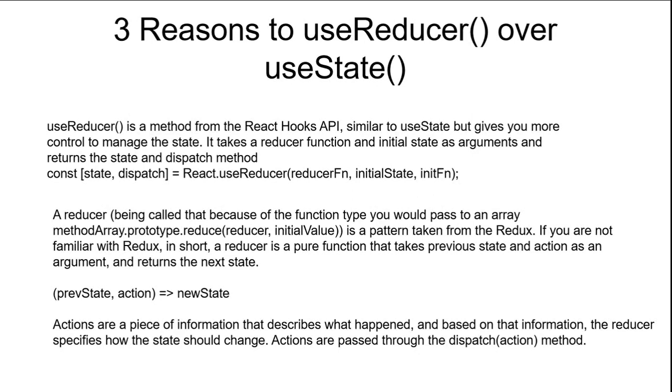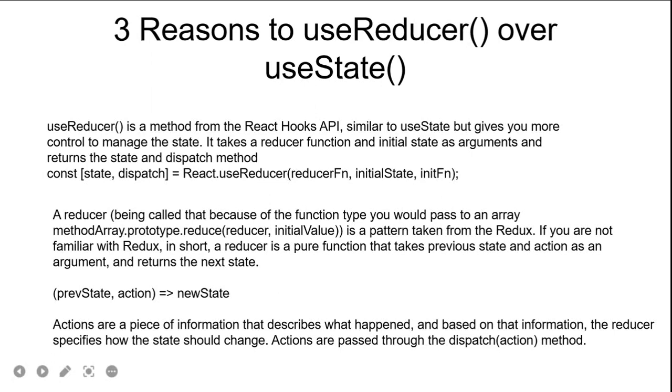useReducer is a method from the React hooks API. It is similar to useState but gives you more control to manage the state. It takes a reducer function and an initial state as arguments and returns the state and the dispatch method. This is the syntax for declaring the constant with dispatch and useReducer, the reducer function and the initial state.